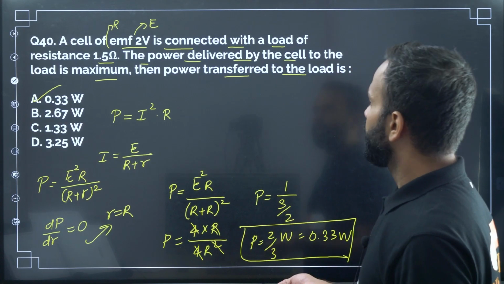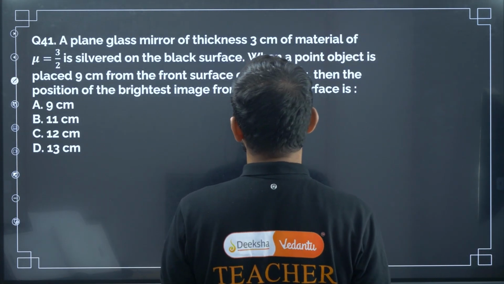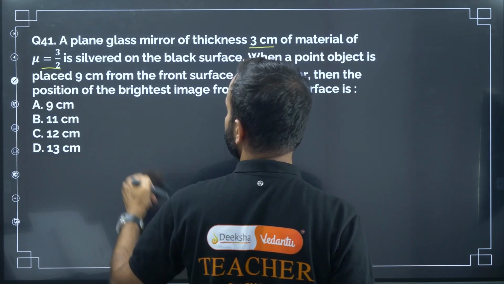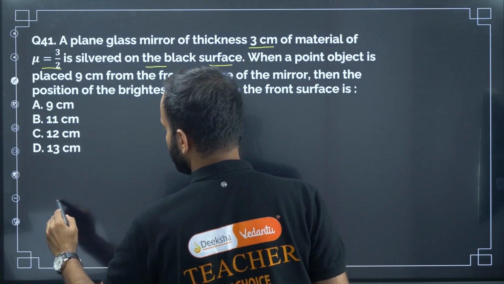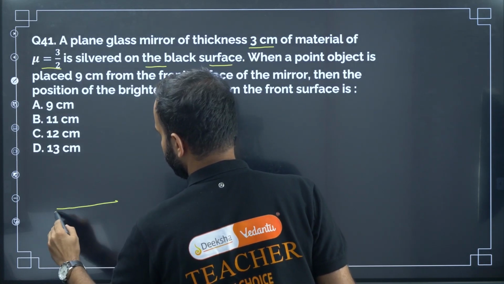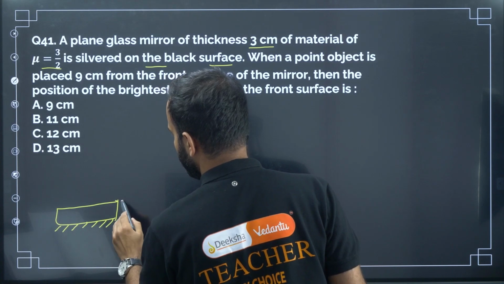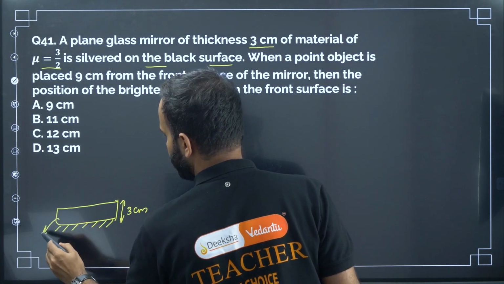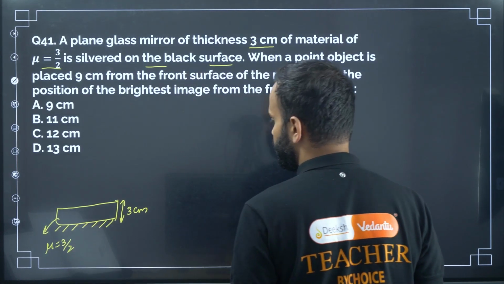Next question, question number 41. A plain glass mirror of thickness 3 cm of material of mu equal to 3 by 2 is silvered on the back surface. Let us draw the diagram. This is the plain glass mirror, the thickness is 3 cm and the refractive index is mu equal to 3 by 2.